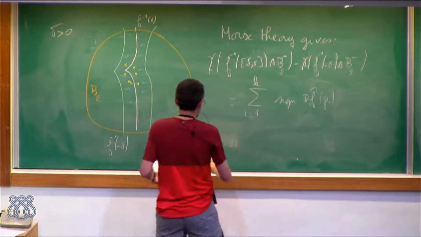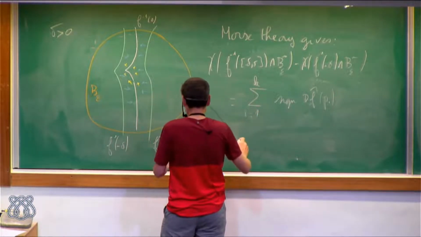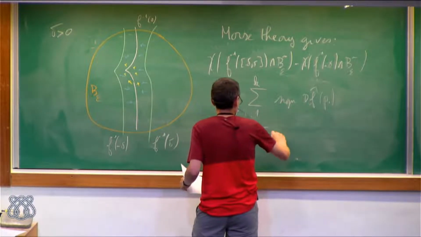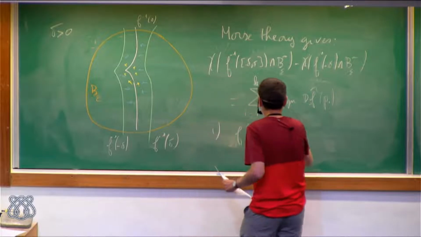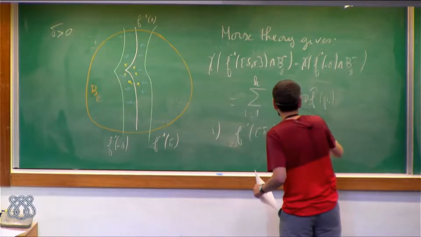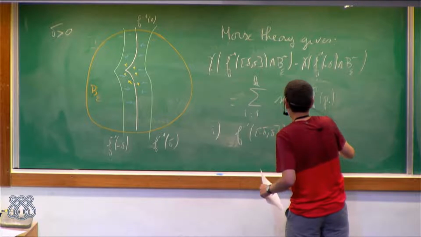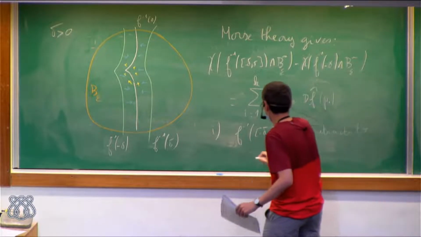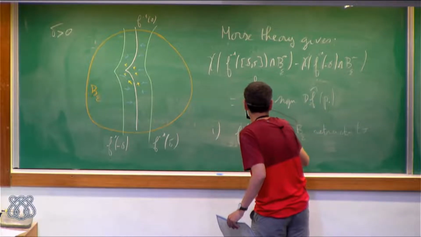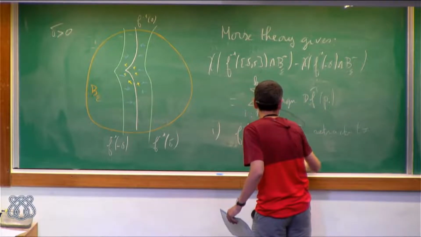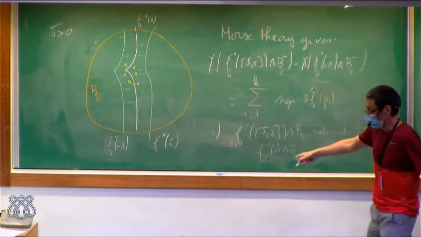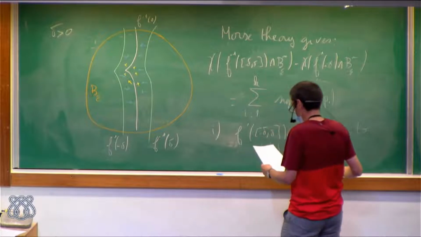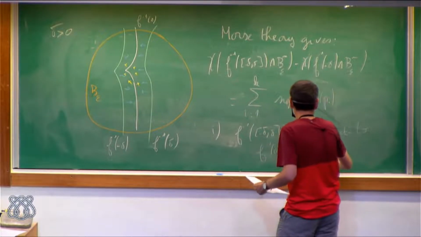So first step: the tube, f minus 1 of the interval minus delta, delta, intersected with the ball, retracts to the central fiber. And this is a cone over the link, so it has Euler characteristic 1.